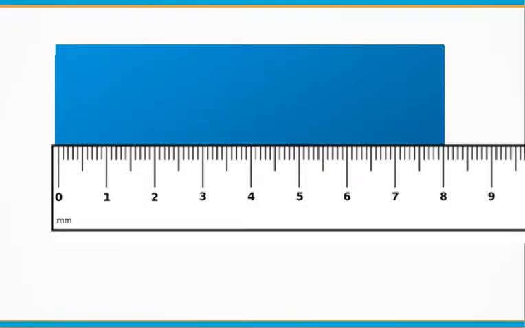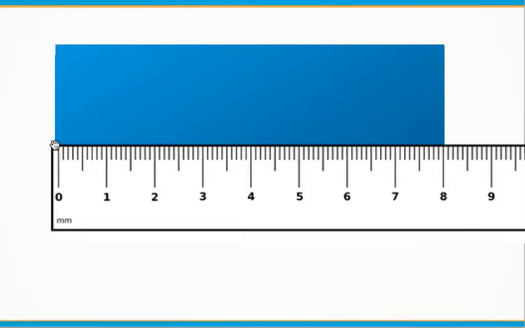Let's continue. What do I do first? Well, I gotta put a ruler there, and make sure that the zero is exactly where the rectangle starts, not the edge of the ruler.